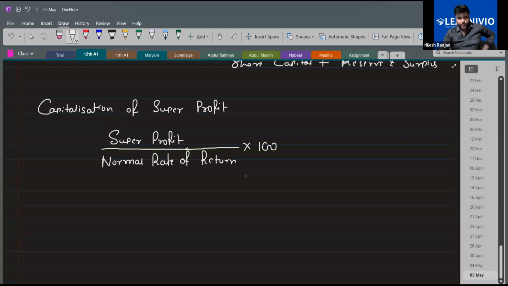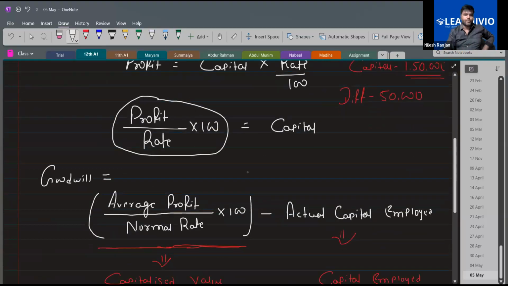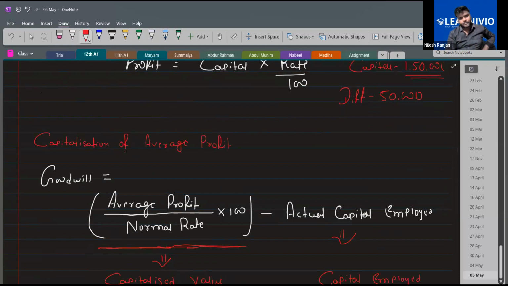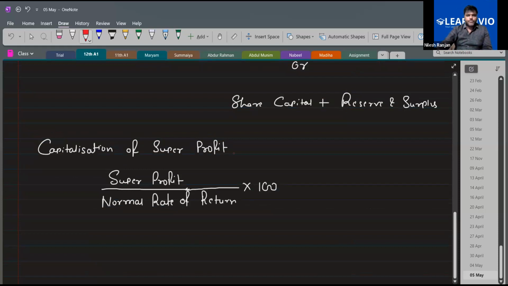So this is our capitalization of super profit, and this one is capitalization of average profit. So this is the question.